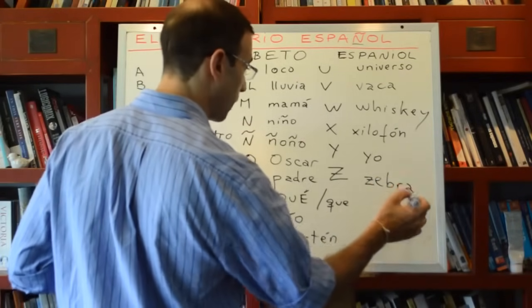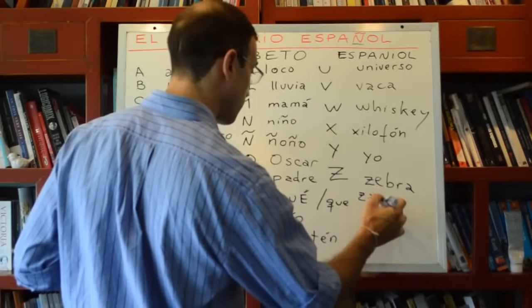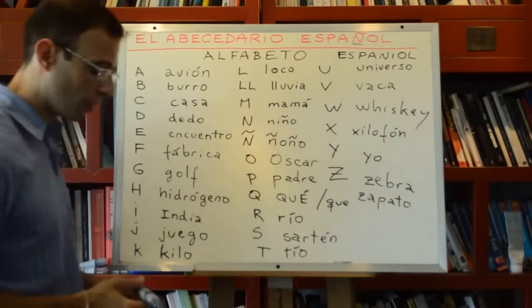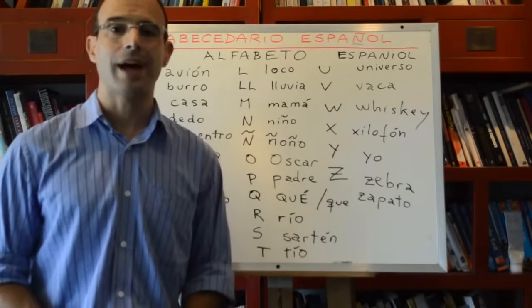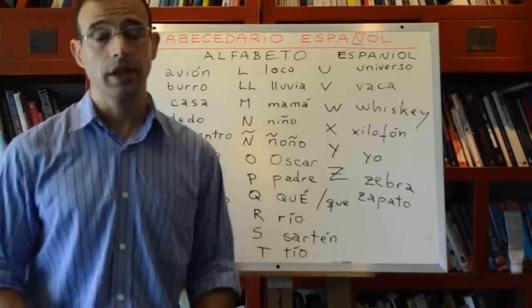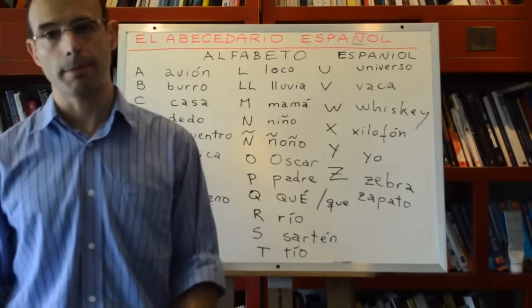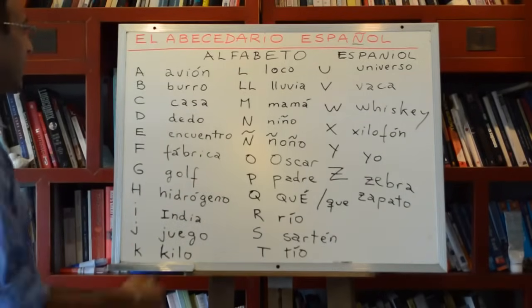But I was also thinking of zapato, for shoe. In Spain, they would pronounce it one way, and in Latin America, it would be pronounced another way. Okay? Good. Let's read the words one more time.